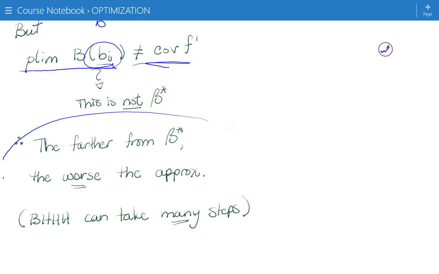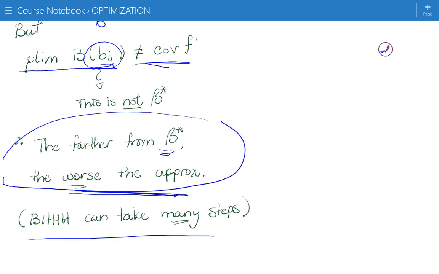So the further you are away from the actual point that optimizes the function, the worse the approximation will be. BHHH will tend to take a lot of steps. If you were to run an optimization from the same starting point using BHHH, it will take more steps typically than running a Newton-Raphson from that point, assuming the Newton-Raphson algorithm does not go in the wrong direction.